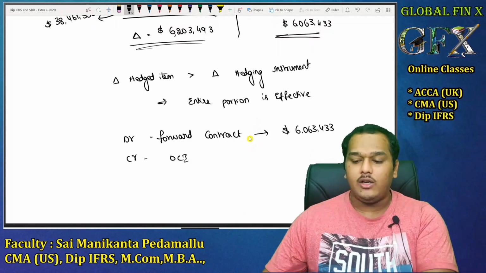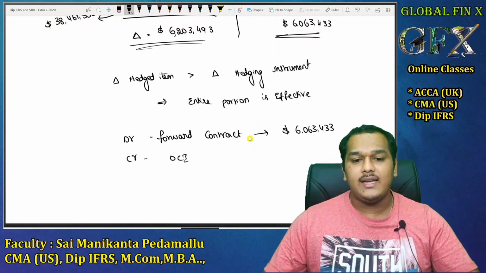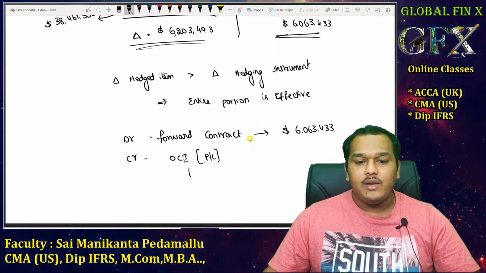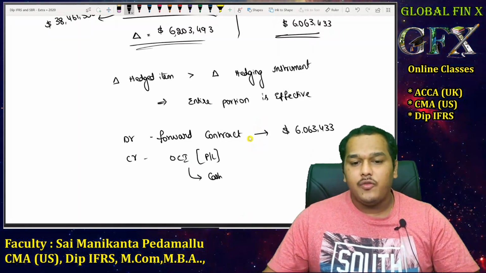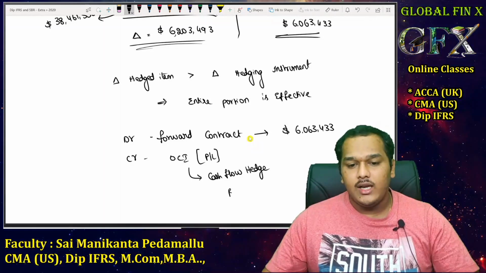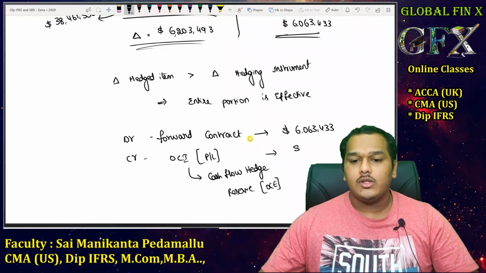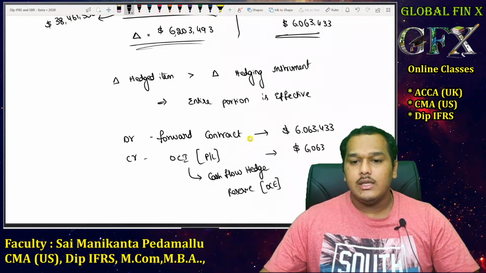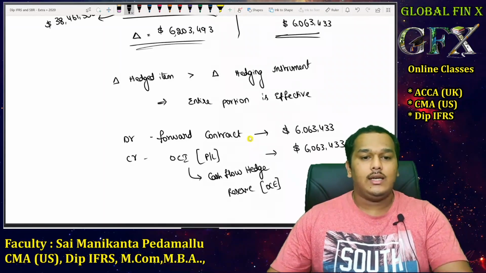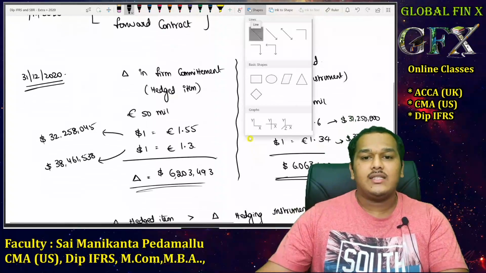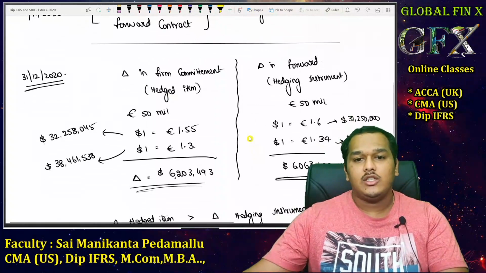It will be recognized in other comprehensive income, and from there it will be transferred to the cash flow hedge reserve, which will be held in other components of equity. This is as on 31st December 2020.